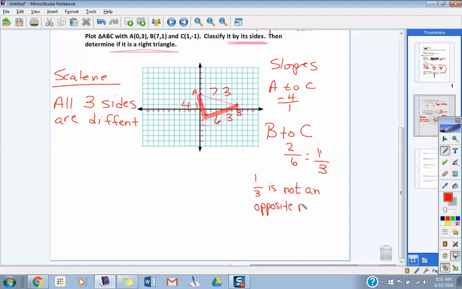Very good. It's not an opposite reciprocal. This is not an opposite reciprocal to -4/1. So is this a right triangle or not a right triangle? So this is not a right triangle.